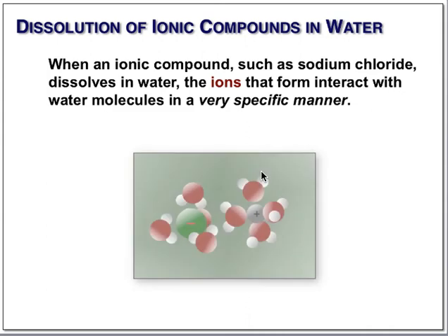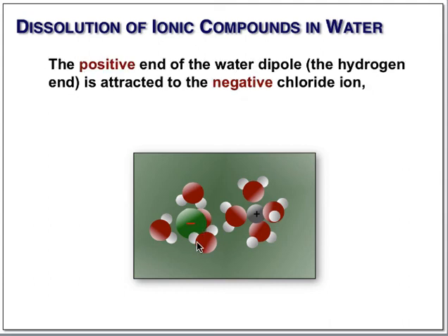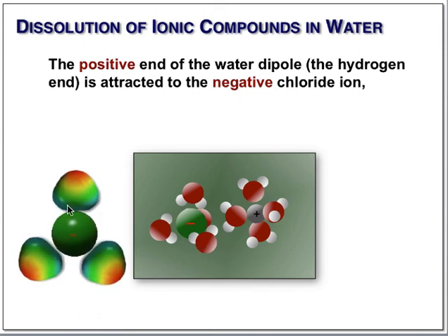When something like sodium chloride dissolves in water, it does it in a very specific manner, such that the anion, the chloride, is surrounded by waters, but the waters are oriented so that the positive end of the dipole comes in contact with the chloride anion.